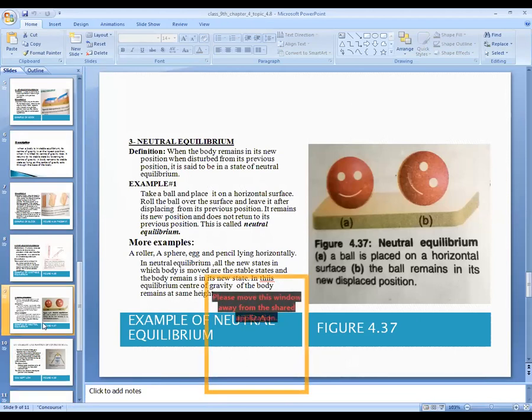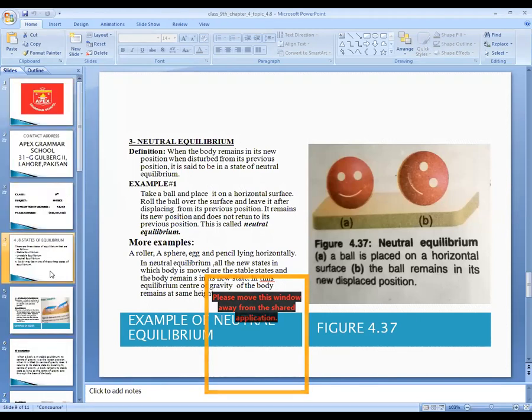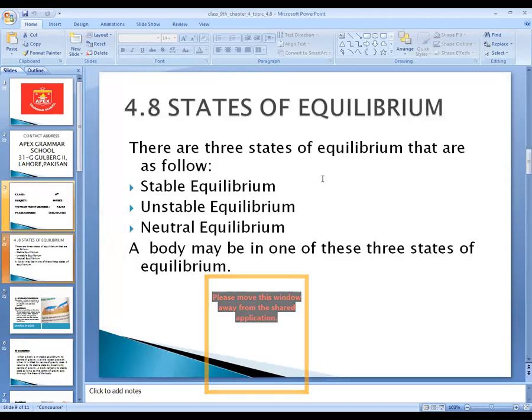Now this is the end of the three states of equilibrium which we discussed: neutral equilibrium, stable equilibrium, and unstable equilibrium. In stable equilibrium, we discussed the example of a book and a block.